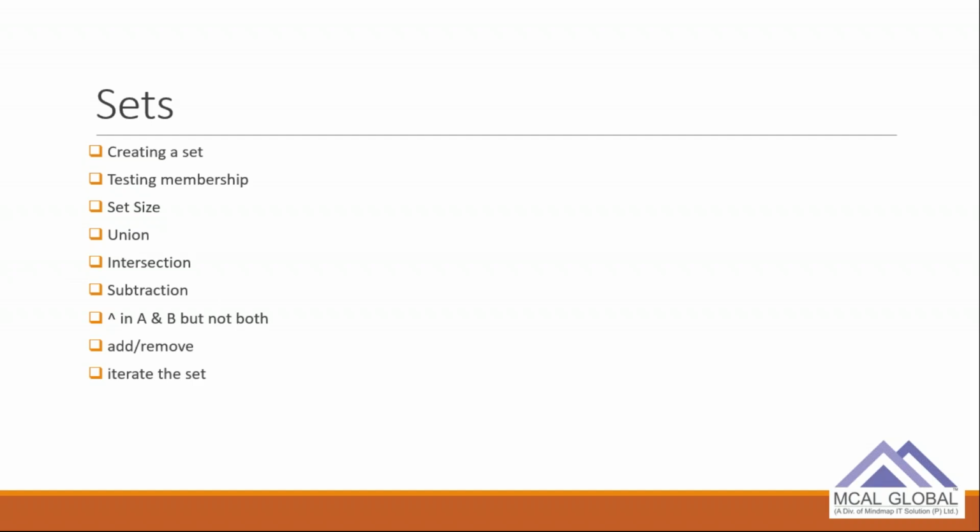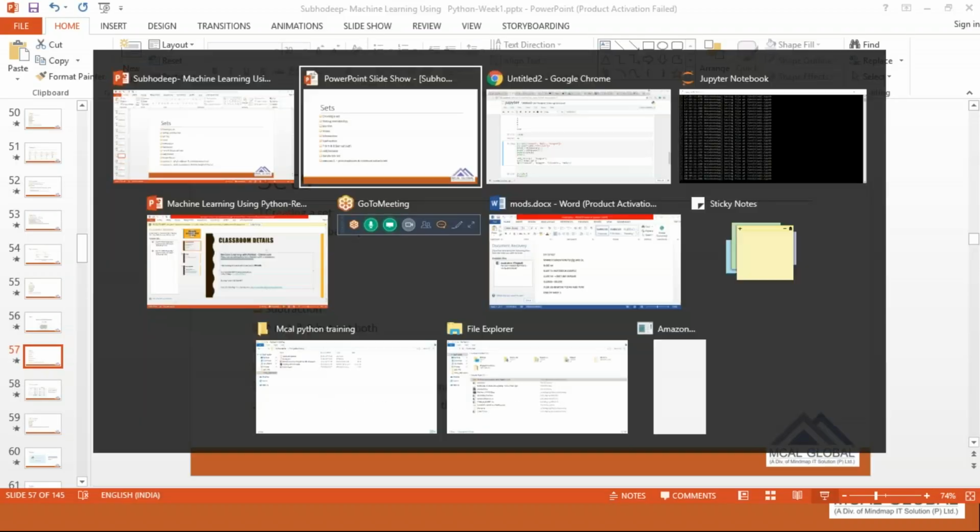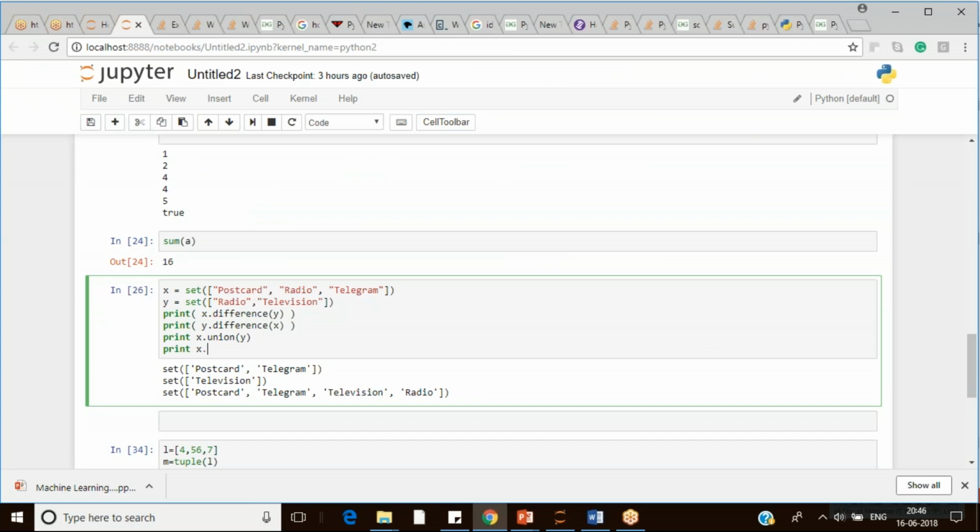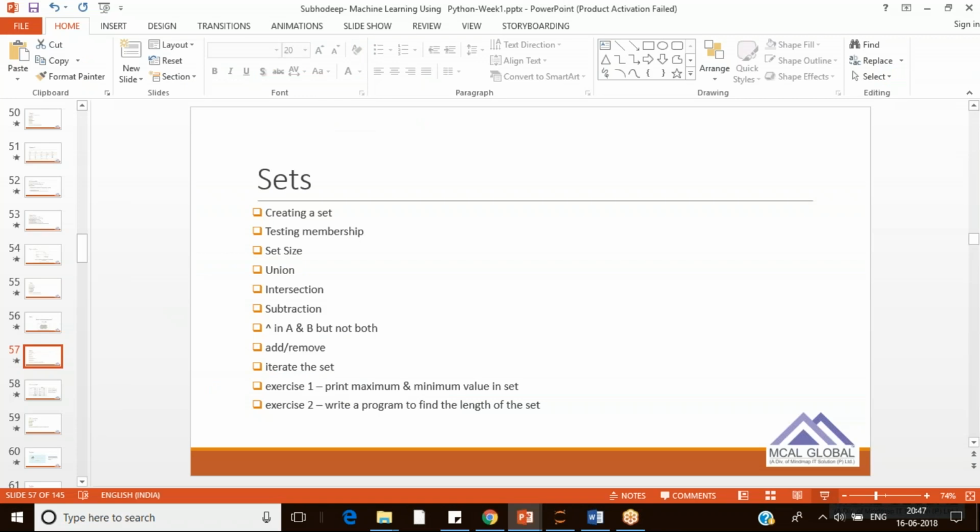Okay, so I'm not going into details of each of the commands because it's pretty much the same. For example, if you want to do a union, you just need to put union. If you need the difference, you use difference. If you need an intersection, you just need to do intersection. So the subtraction is already told.